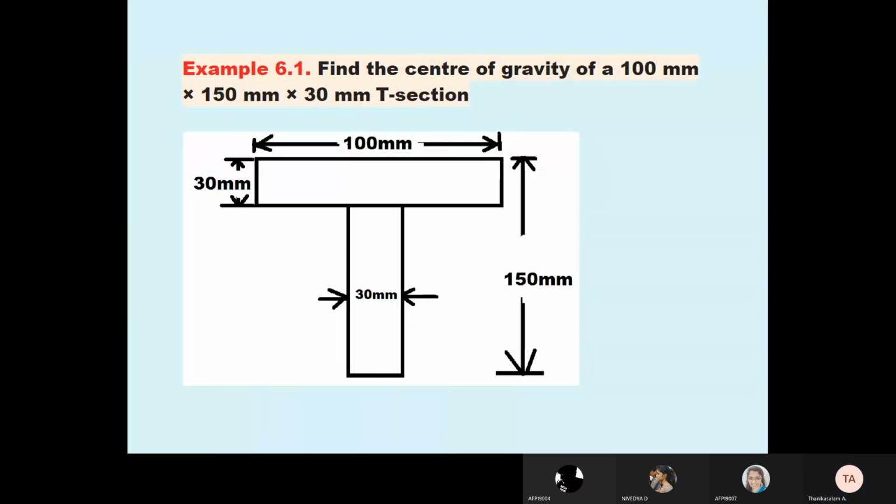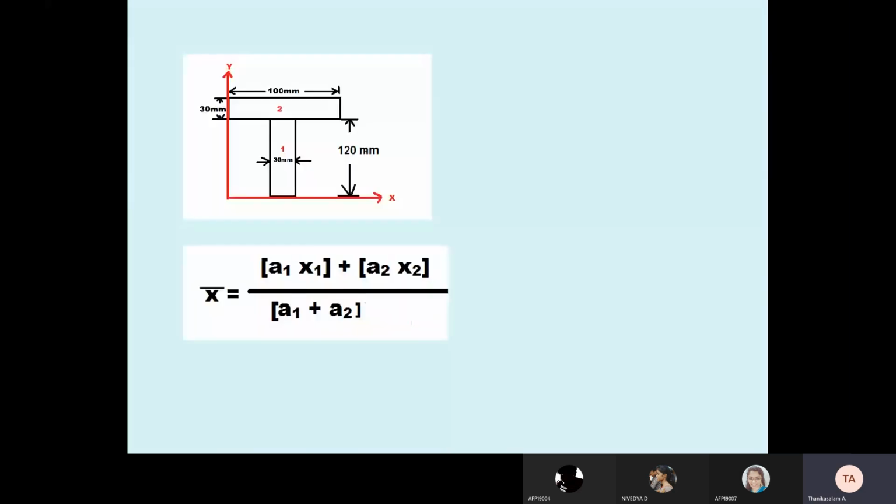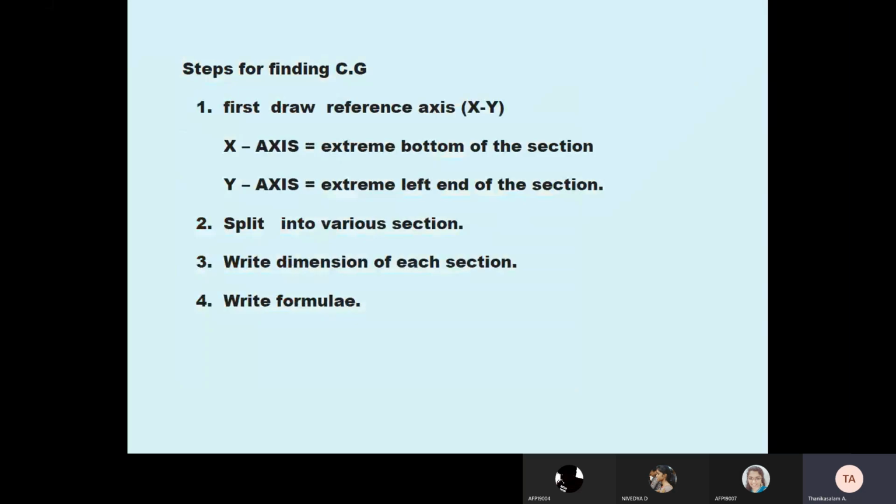Okay, so they mentioned the statement and we have drawn the diagram. What is the first step? Draw the reference axis. See, I draw the XY axis. X-axis, extreme bottom of the section. Y-axis, extreme left end of the section.